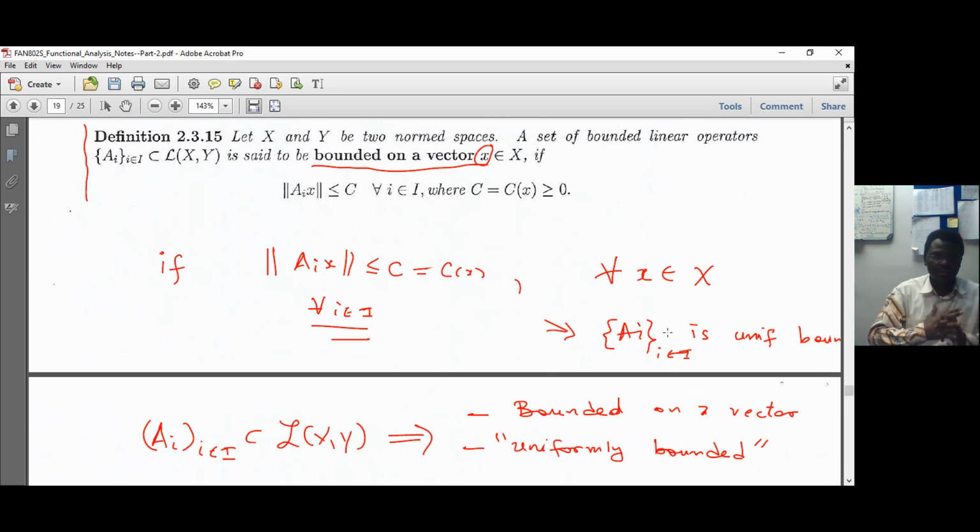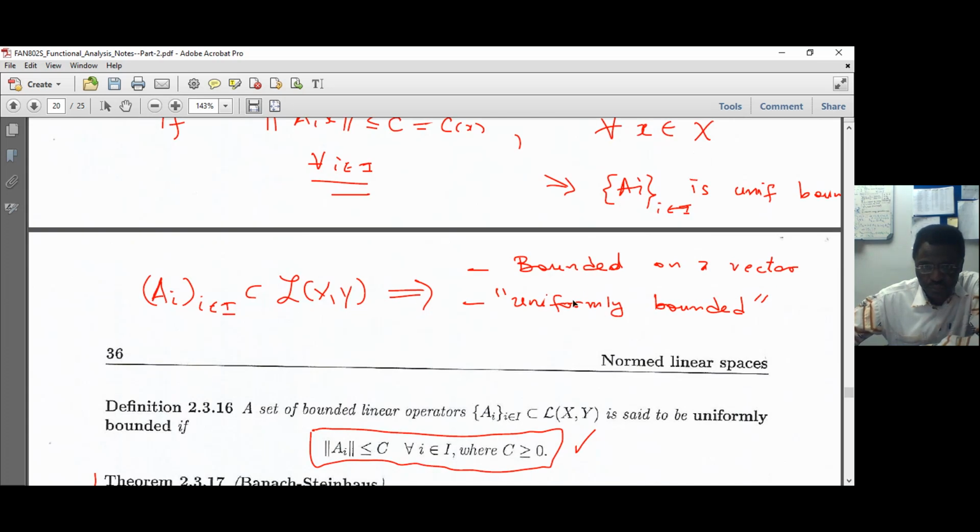That's the Banach-Steinhaus theorem. So actually, it connects these two. If this family is bounded not on a single vector, but on all vectors of X, then it's uniformly bounded.